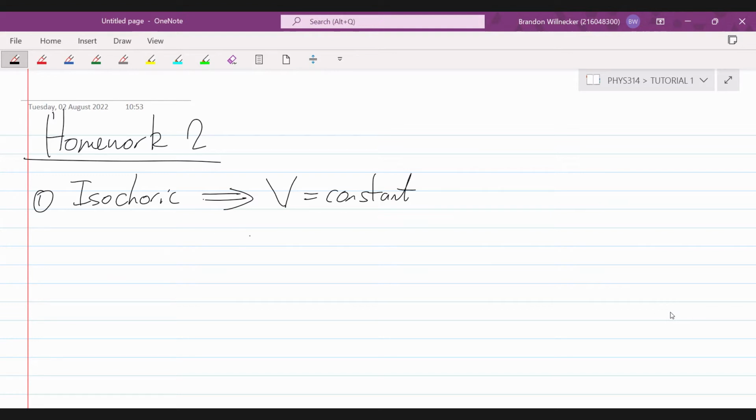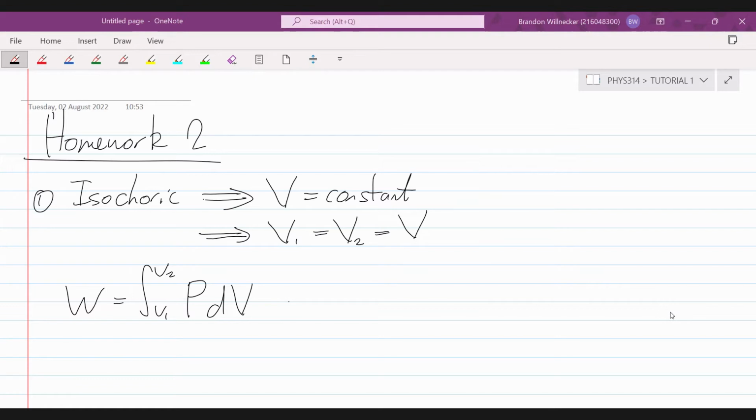Okay, so if we're doing an isochoric process from V1 to V2, we know that V1 is equal to V2. We can just call it V. So how do we find the work done? The work done is the integral from V1 to V2 of P dV. That was our differential for work, P dV.